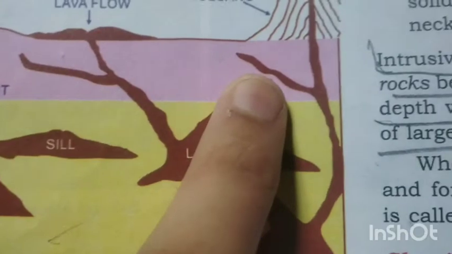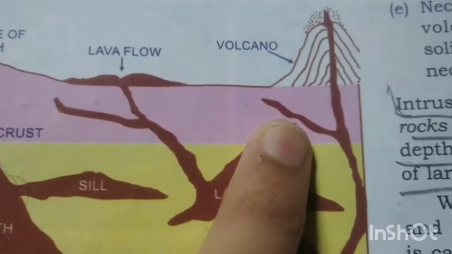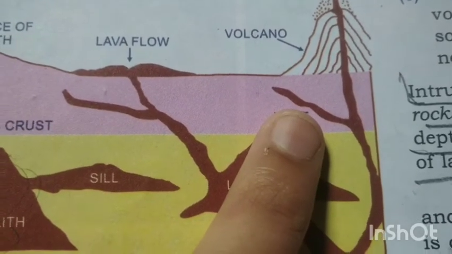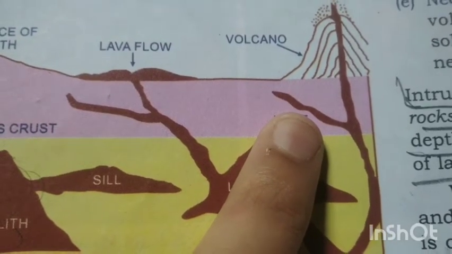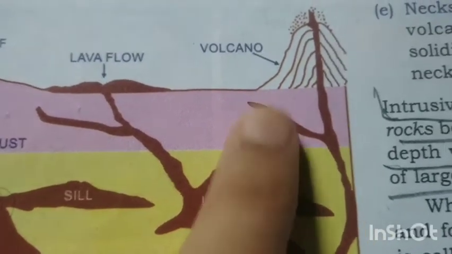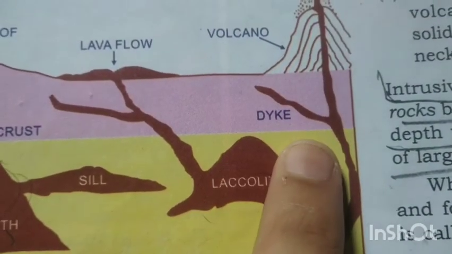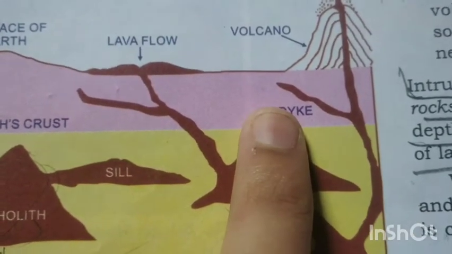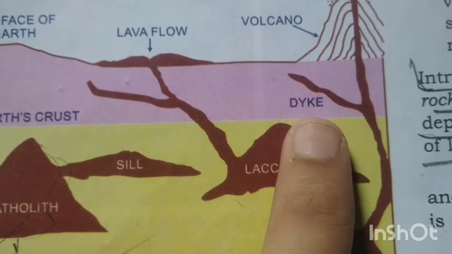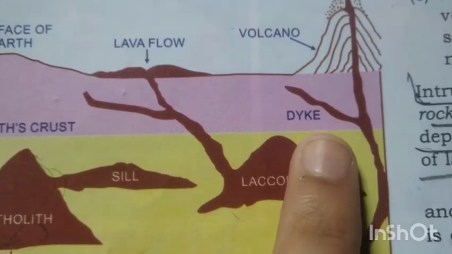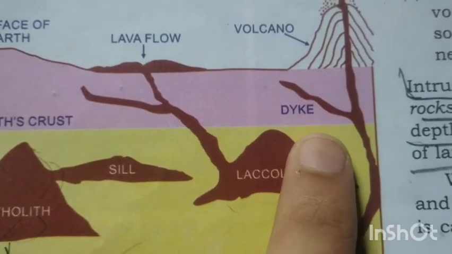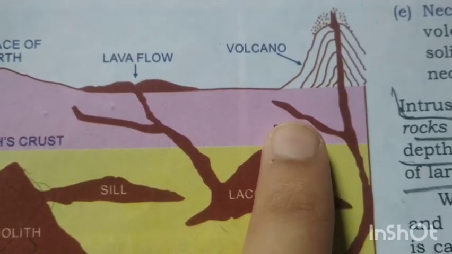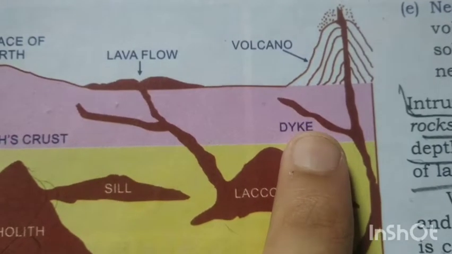There are cracks and fissures in the earth's surface, in the earth structure. The magma flows into those fissures or cracks, then hardens there and forms a dike. So these are forced to form, because of high pressure, to fill the cracks or the fissures.